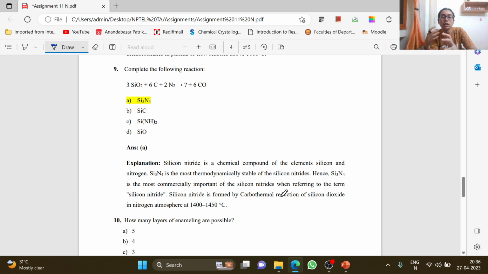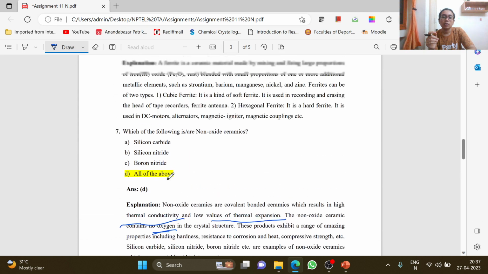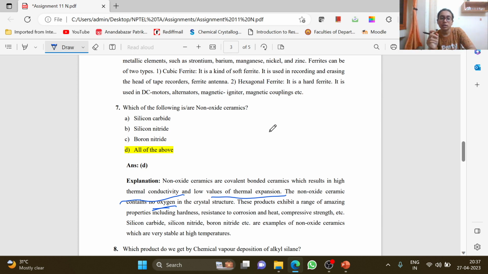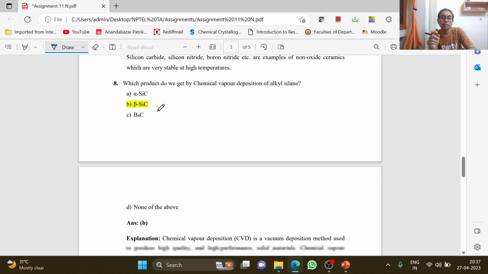Carbothermal reduction means reduction by carbon in the presence of a heating source. So carbothermal reduction of silicon dioxide in a nitrogen atmosphere at 1400 to 1450 degrees centigrade will produce silicon nitride. And this is very important. Non-oxide ceramics have low thermal expansion and good thermal conductivity, as we have discussed in this question.